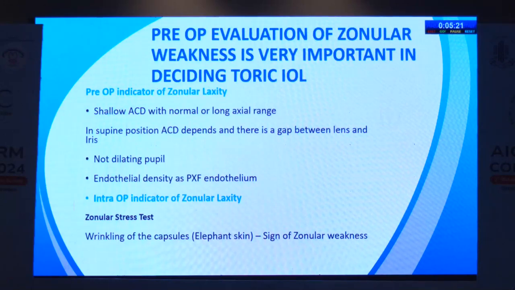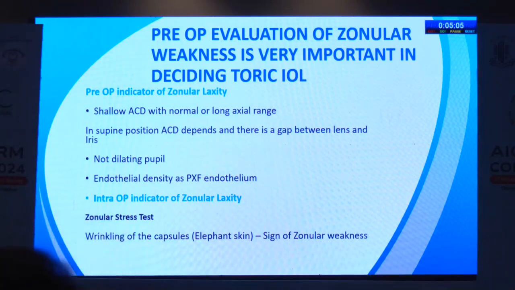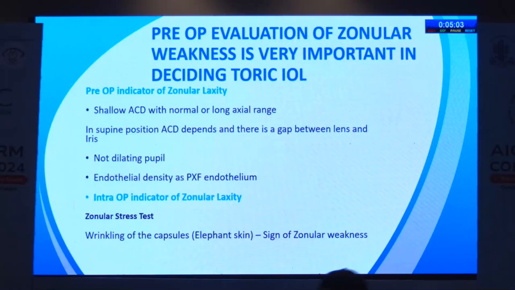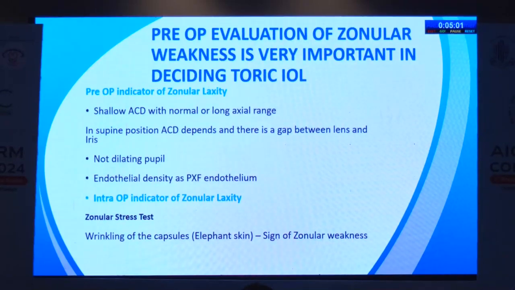Before I share my study, there are some pre-op indicators of zonular laxity which we have to evaluate. We know there is shallow ACD with normal or long axial length. In supine position, ACD deepens, there's a gap between lens and iris, a non-dilating pupil, and pseudoexfoliation material on the endothelium.